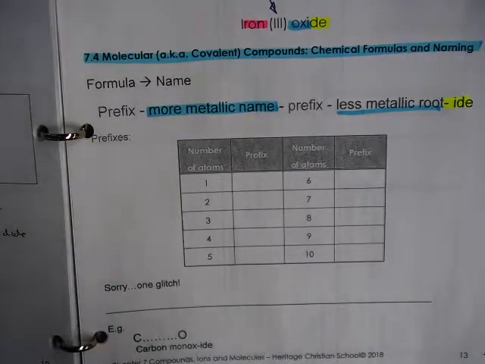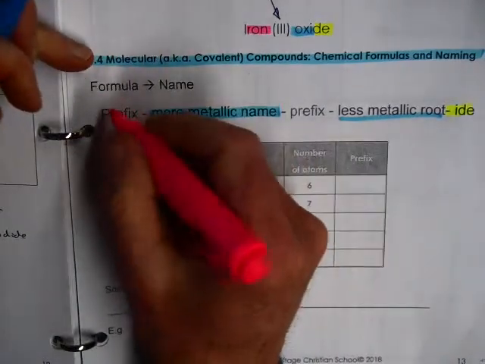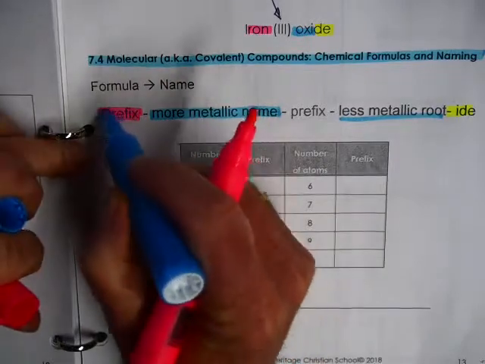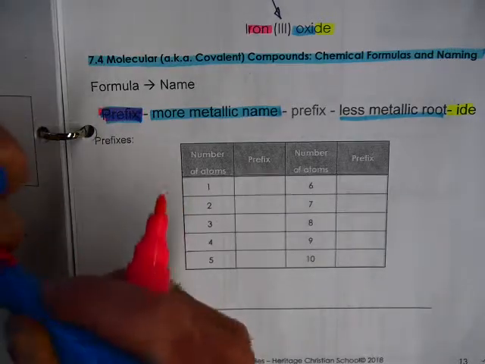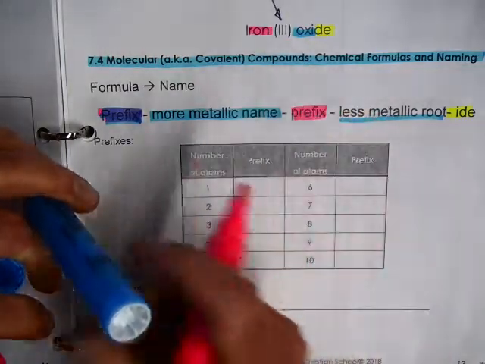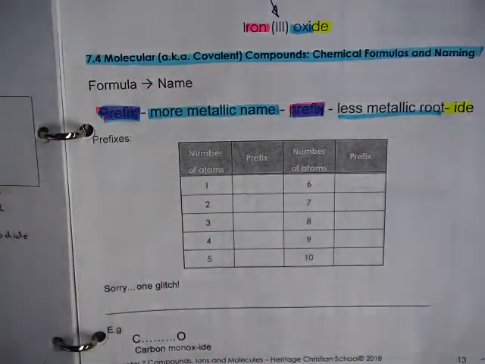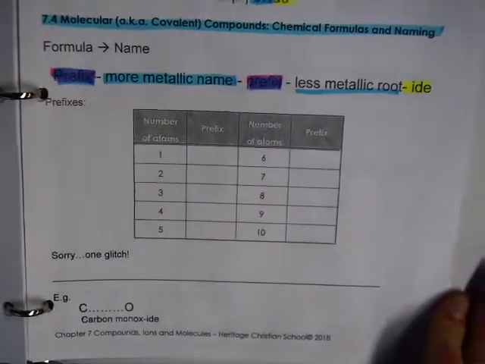I'm going to make purple. So prefix, more metallic name, prefix, less metallic root. Sorry, that pretty much blacks it out, doesn't it? And then IDE. Okay? Let's talk about the prefixes first.